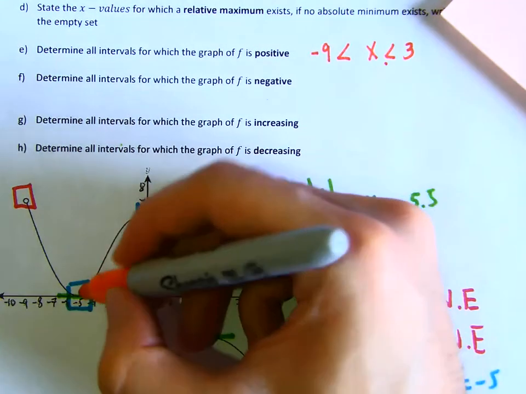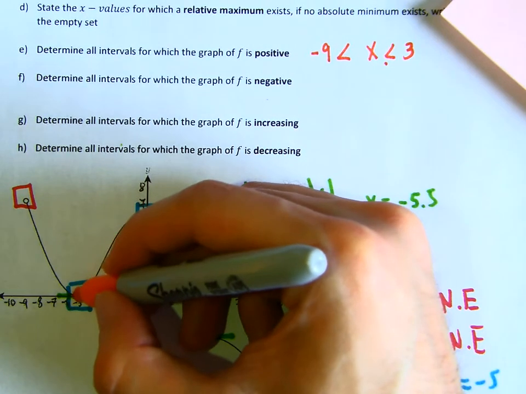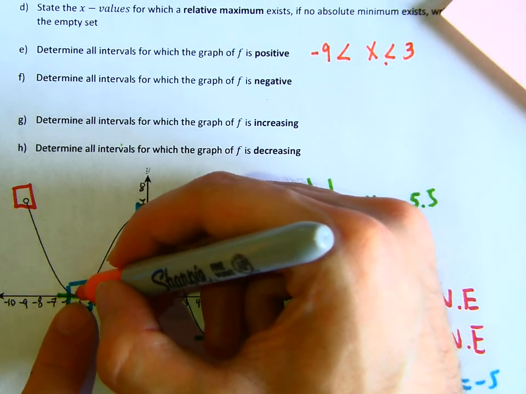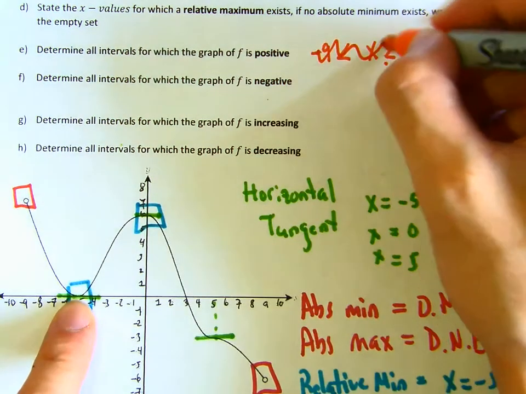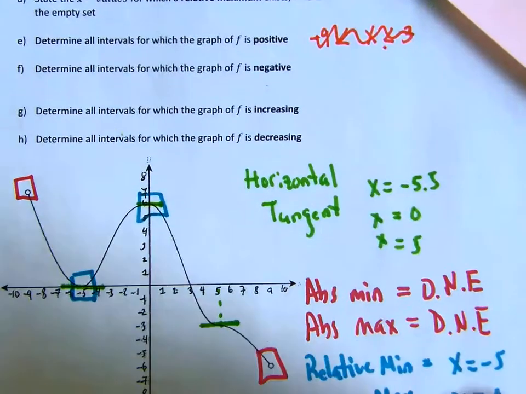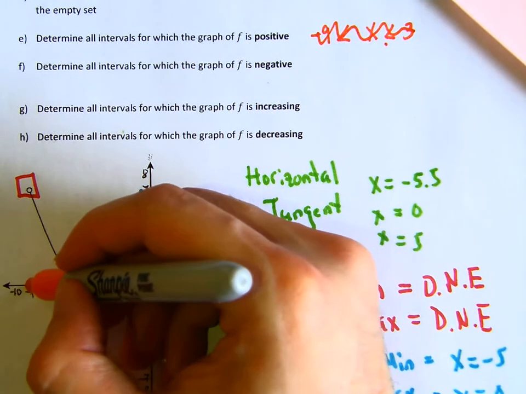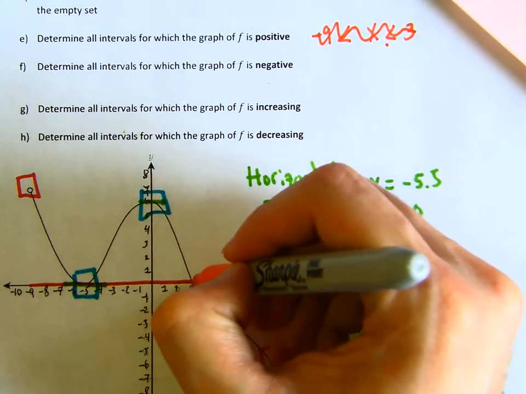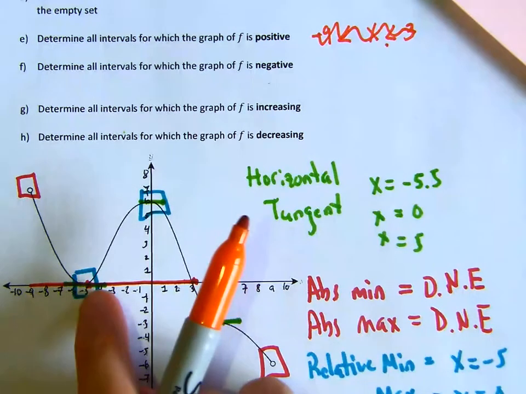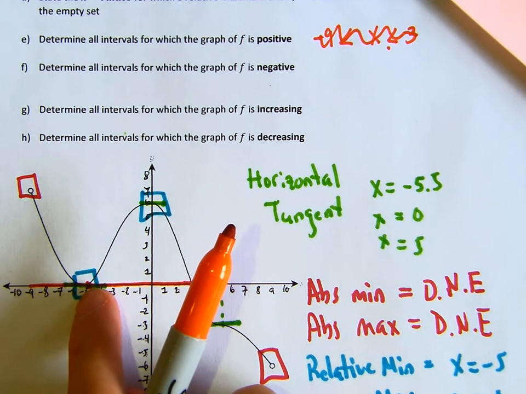Oh no, because we forgot the union. Remember that at -5, the graph isn't above the x-axis, it's at 0. So for when it is positive, we want to show everything between -9 and 3, but we're not going to include this point and this point here because the graph isn't positive, the graph is 0.